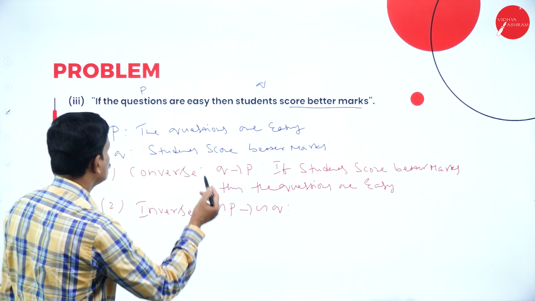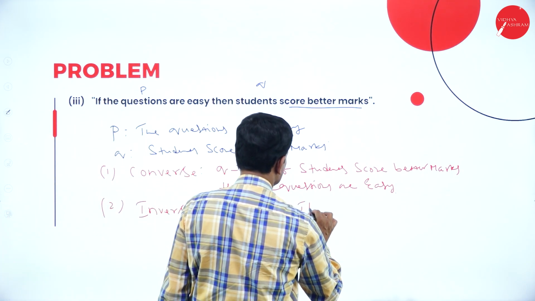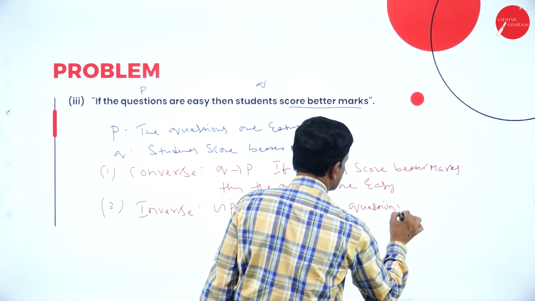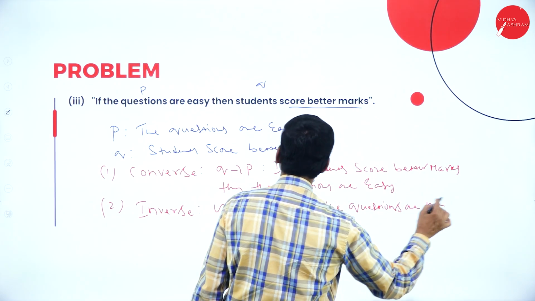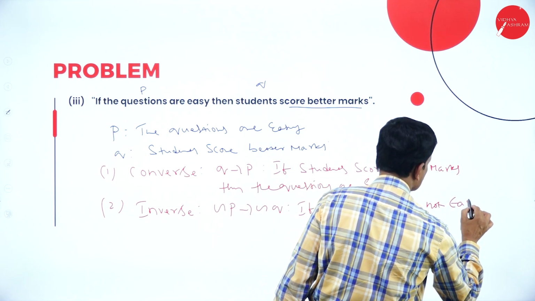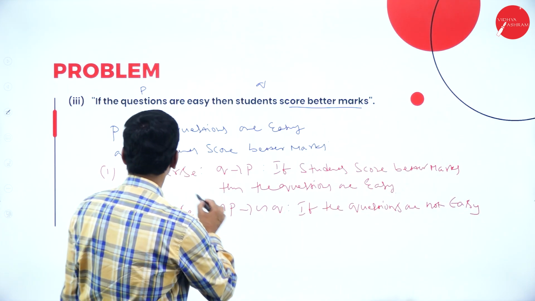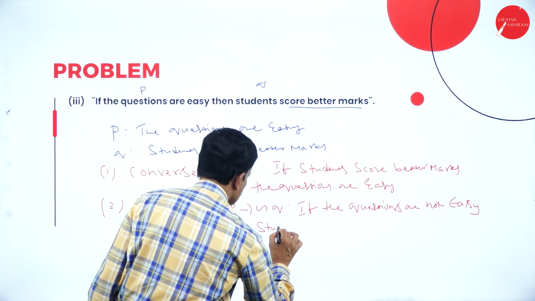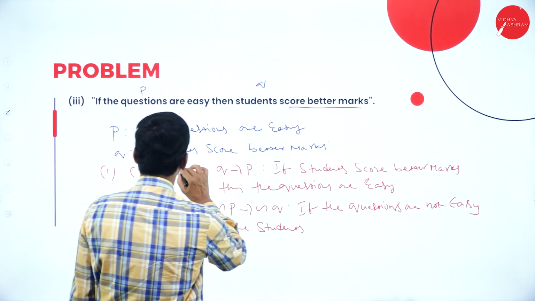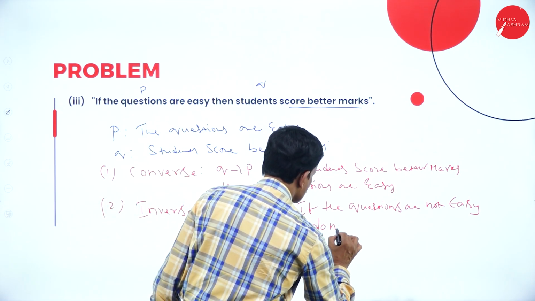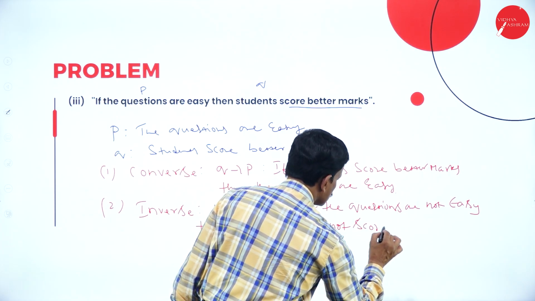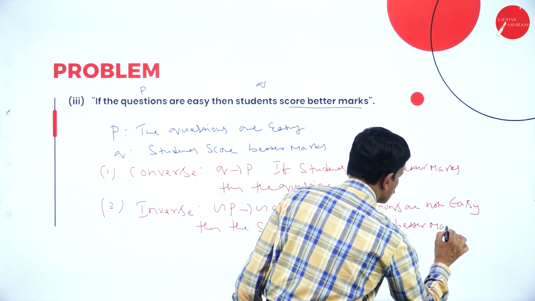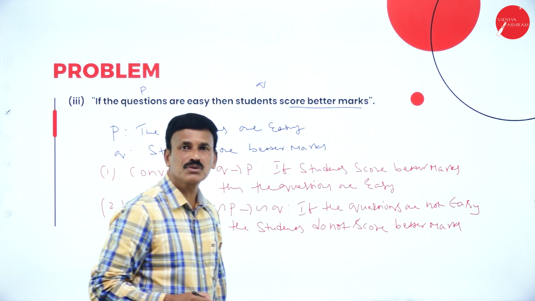Negation of p: if the questions are not easy, then the students do not score better marks. The students do not score better marks.